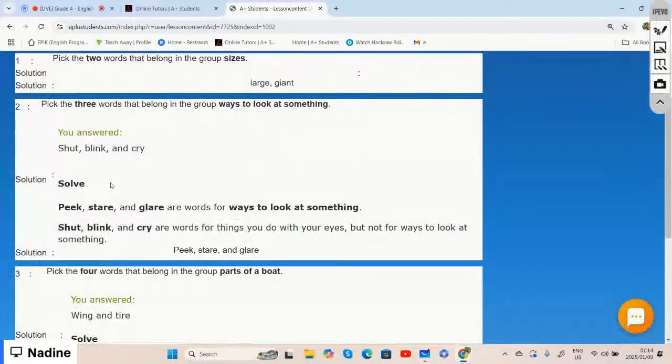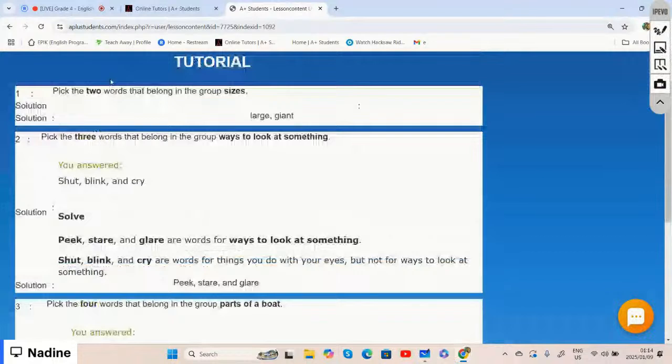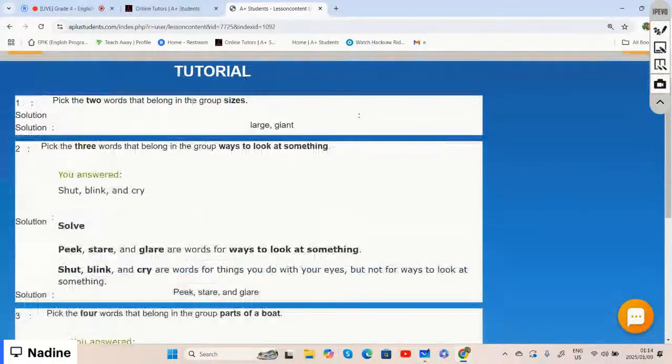Here it says, we need to pick two words that belong in group sizes. So if they were to ask you, oh, what size are you? Whether it is small, medium, large, extra large, giant, little, and so on.